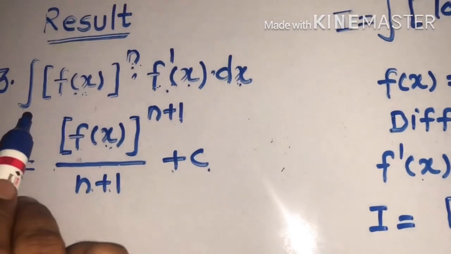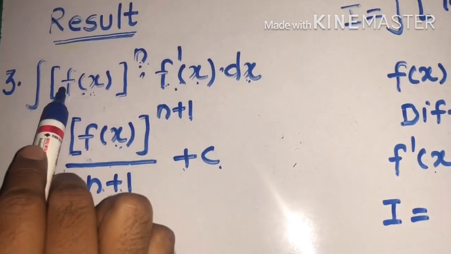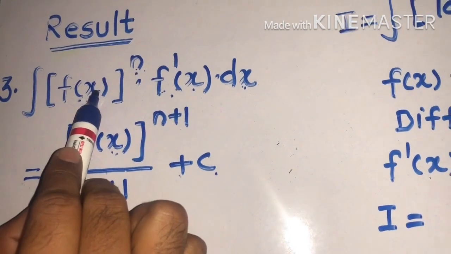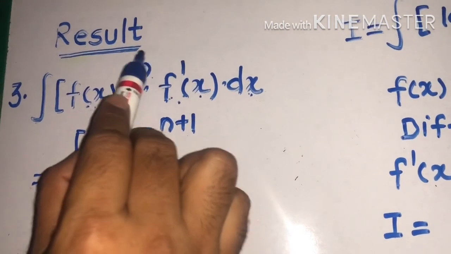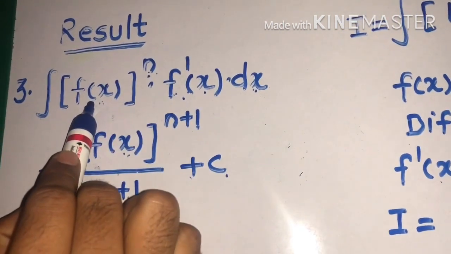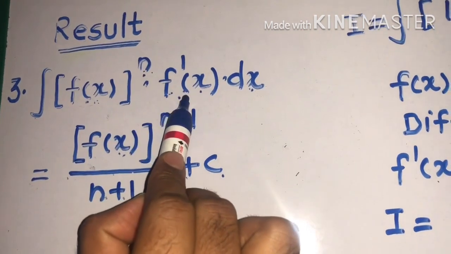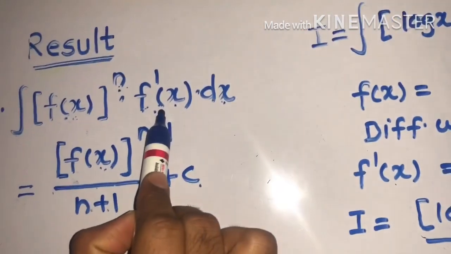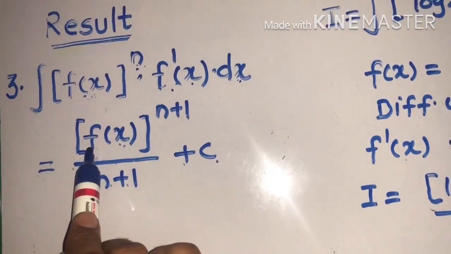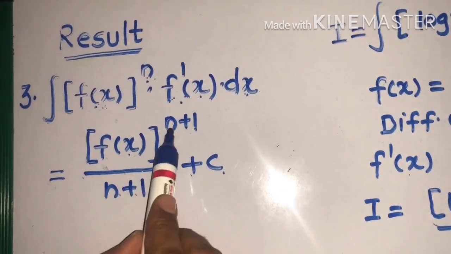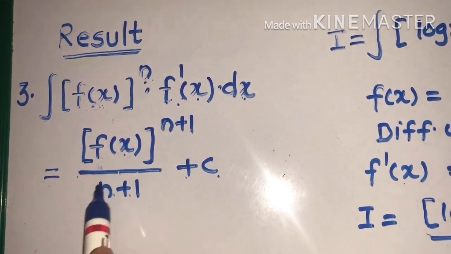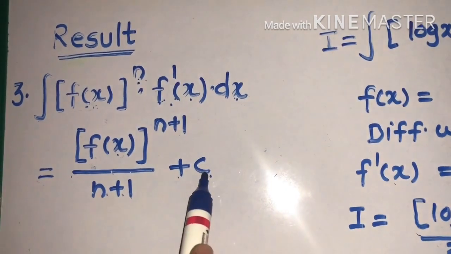So in this result we have seen you have some function and its power is some number. This function has a derivative over here, then its answer is f of x raised to n plus 1 upon n plus 1, plus c.